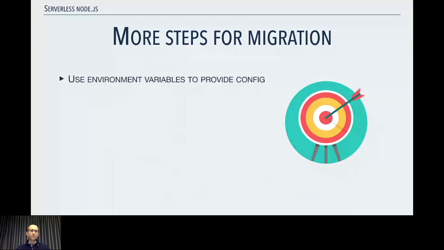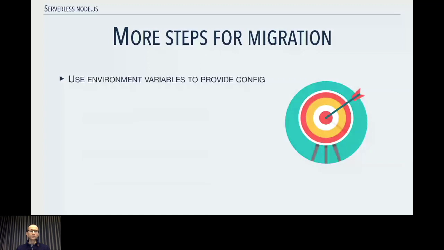But there are even more steps that are quite helpful to migrate to FaaS. First of all, it's quite wise to use environment variables to provide configuration. It makes it much easier to work locally than on some staging or testing environments, and then we can just provide secure keys to your application in production.